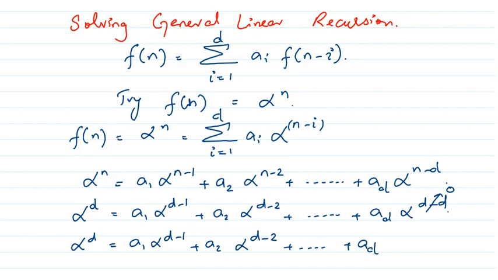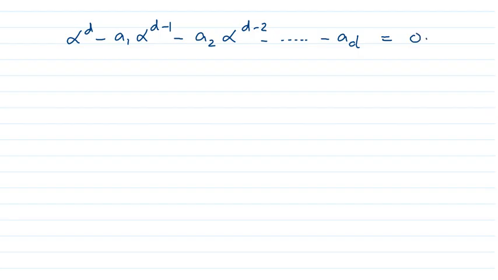So what we are finally left with is alpha power d, moving the terms from the right hand side to the left hand side, minus a1 alpha power d minus 1 minus a2 alpha power d minus 2, and so on, minus the last term ad, and on the right hand side we are going to have 0.